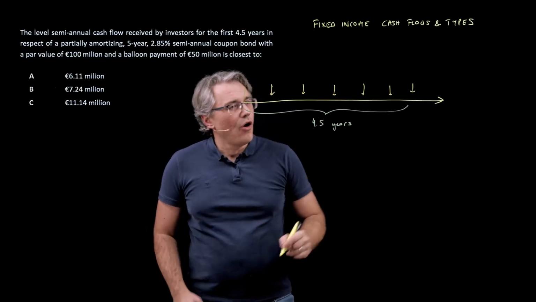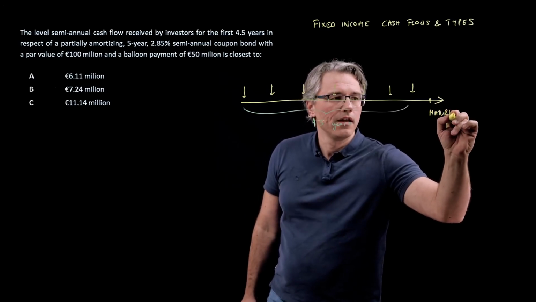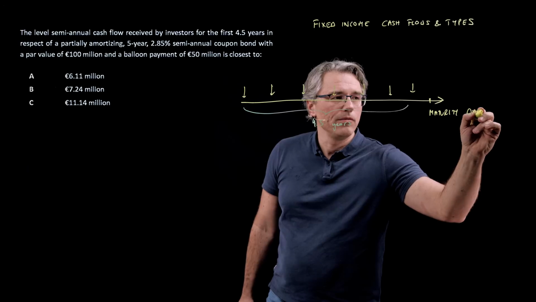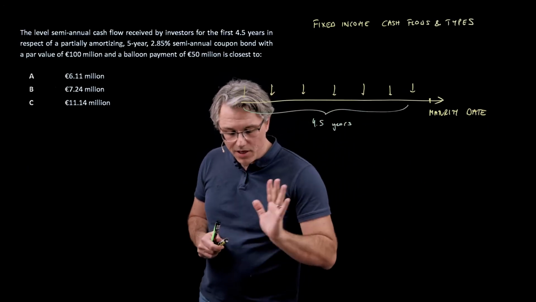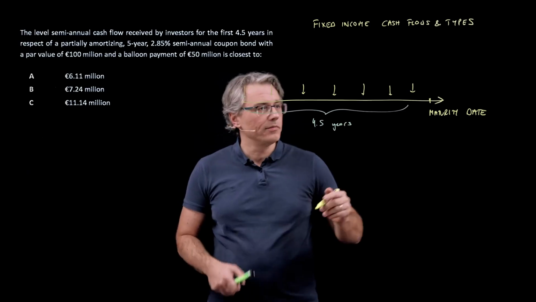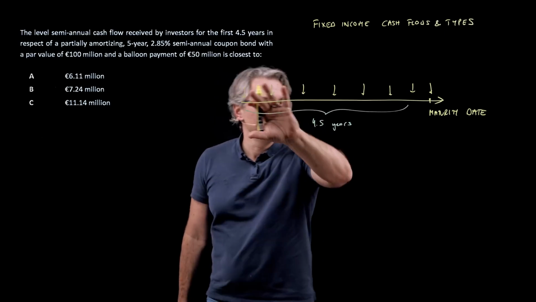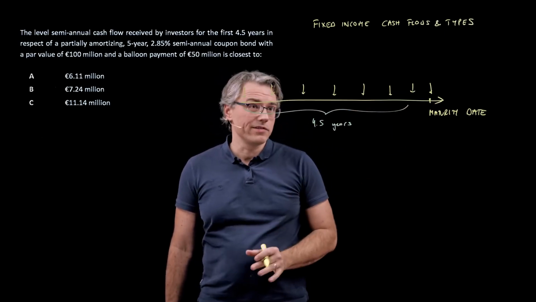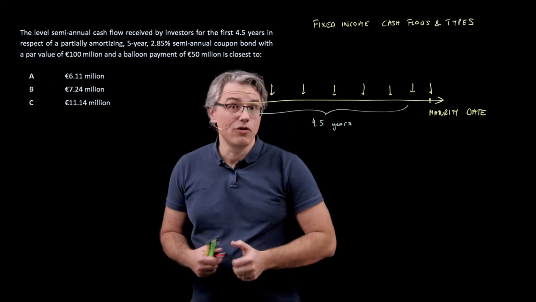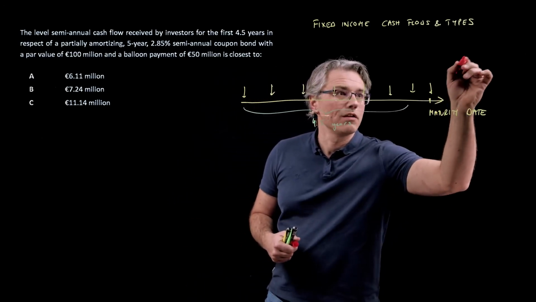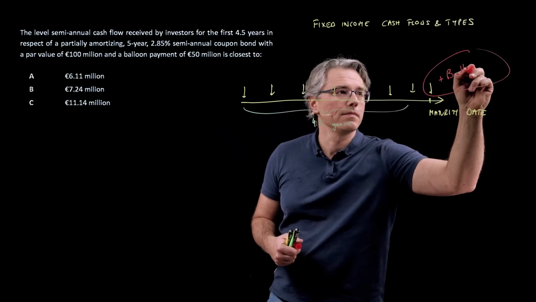And on the maturity date over here, that cash flow is going to be much bigger because it will include a balloon payment. But before we even consider that balloon payment, there's going to be that final level payment in line with all the previous ones, plus the balloon payment on top. So over here on the maturity date plus the balloon payment.